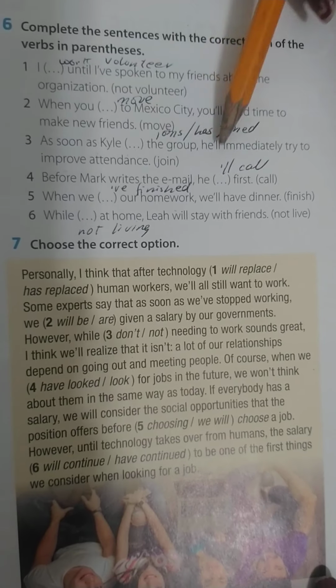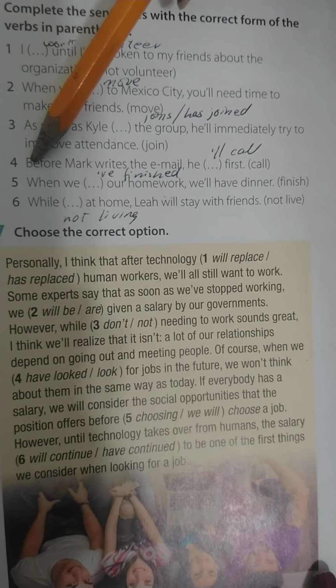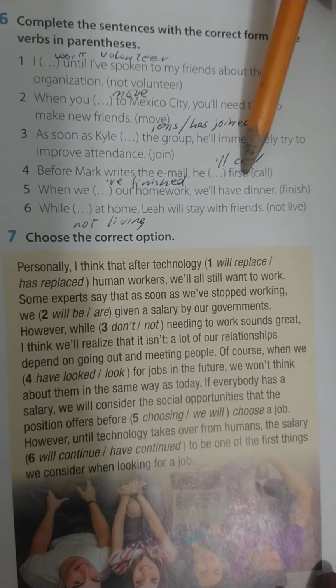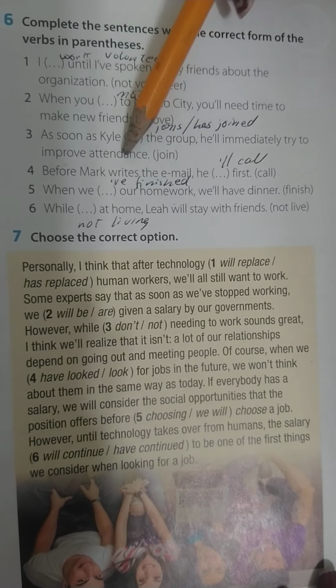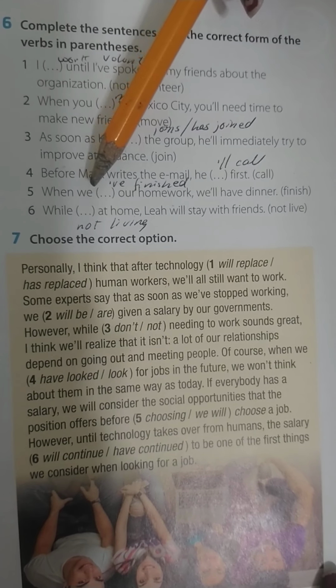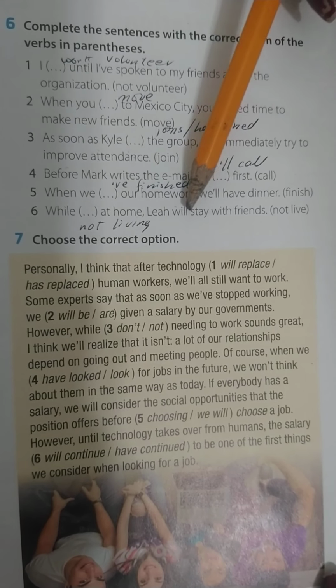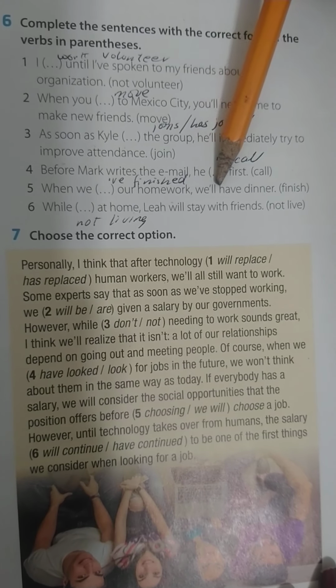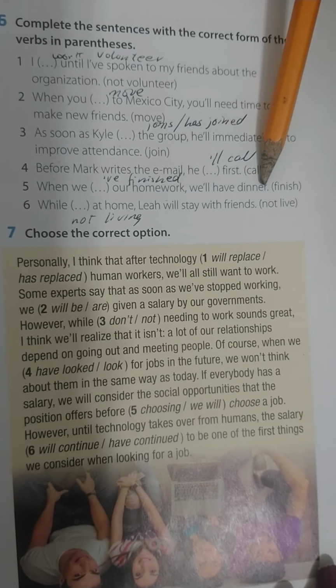So it's almost at the same time. Before Mark writes the email, he'll call first. It's almost at the same time. Then, when we have finished our homework, is an action that almost finished, and this one is going to start. We will have dinner. Okay?